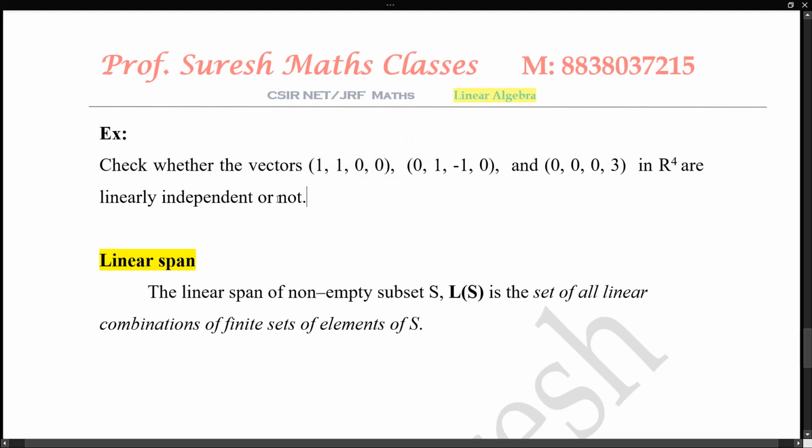The scalar is taken from the scalar set or field. Suppose I multiply this vector by 2, we get 2 comma 2 comma 0 comma 0, that is one combination. Likewise we can multiply by 3, root 2, like that. Take two vectors, multiply one vector by one number and the second vector by another number, and add, that is called another linear combination.